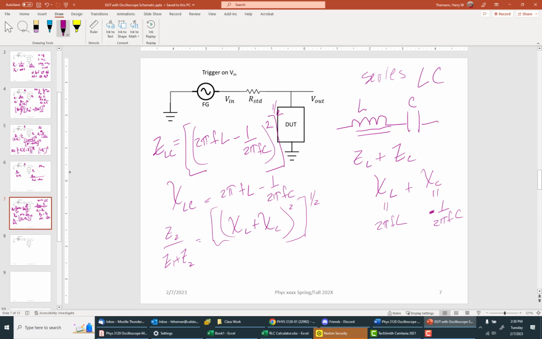Does that make a difference? I don't think so. No, you don't have to do it that way. You do have to do it, though, down below. So it's R squared plus chi L plus chi C squared, square root.